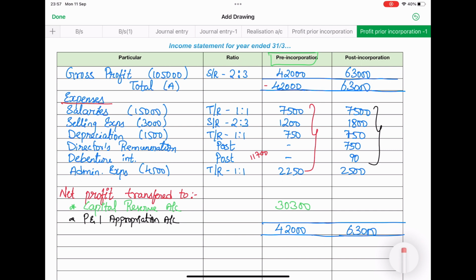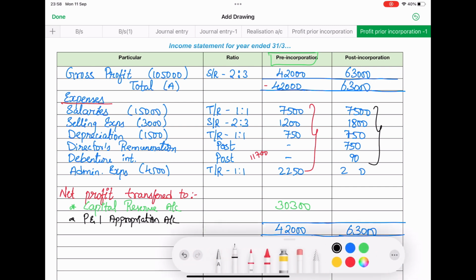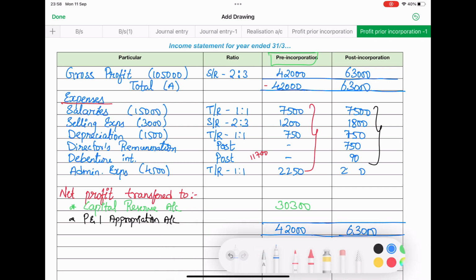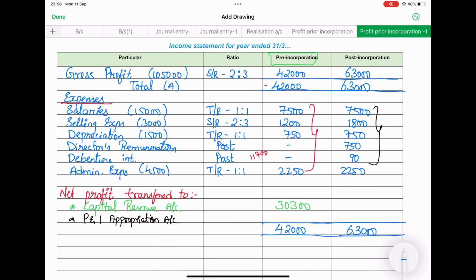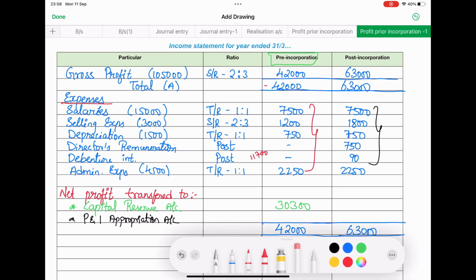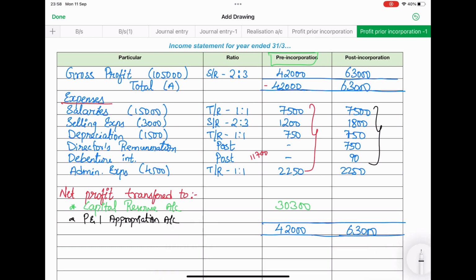Instead of 2,250 I had written 2,500, so 2,250. If you add all those things, your expenses are 13,140. So 63,000 minus 13,140.